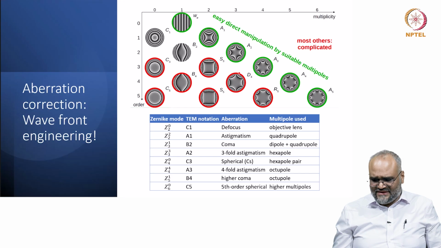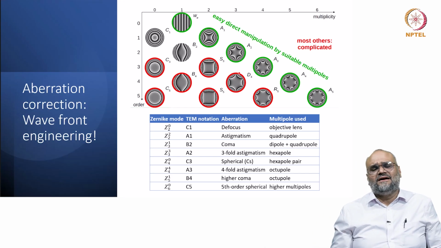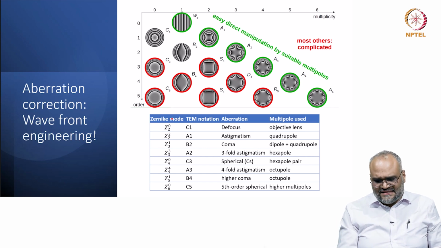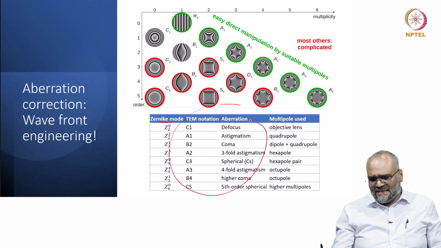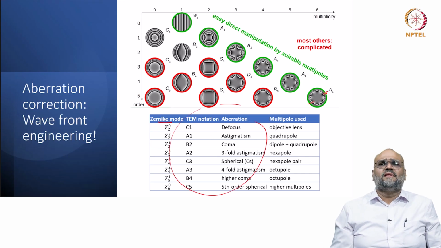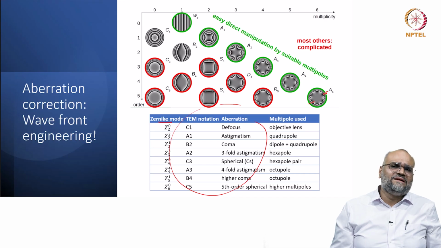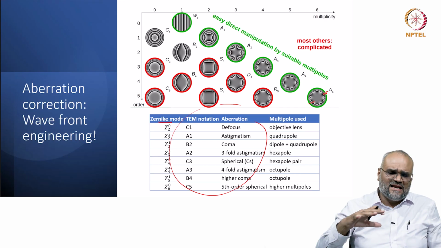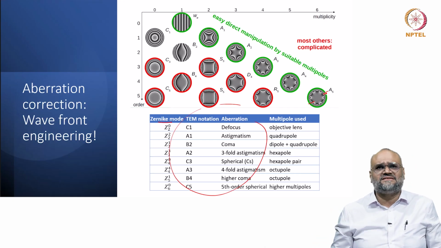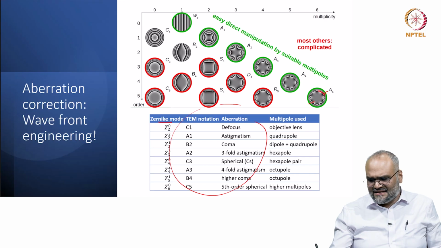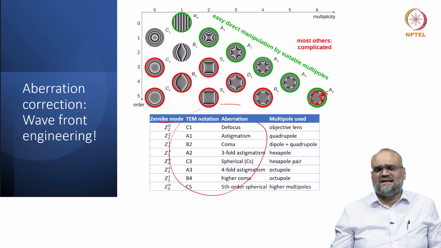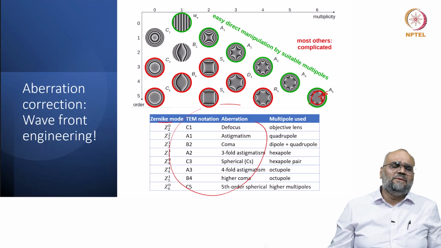By combination of these hexapole or dipole, hexapole or quadrupole and octupole kinds of combinations, you can look at the analogies to the Zernike modes and TEM aberrations, and by engineering the wavefront, you are balancing out the electromagnetic fields to compensate for the wavefront distortions, and the larger the distortion-free region you have here, the radial component of this gives you a better resolution.